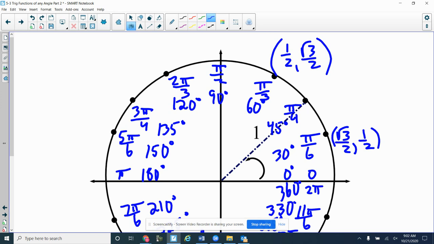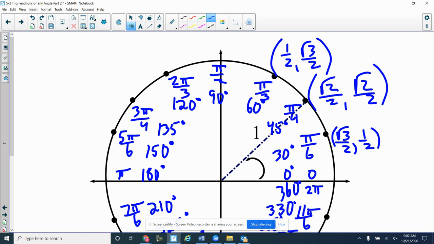If you plug in sine of 45 and cosine of 45, you get the exact same thing, 0.7071, because radical 2 divided by 2 is 0.7071. So the x and y coordinates are both radical 2/2. That makes sense because the 45 degree angle perfectly divides the first quadrant, so the x and y values are the same.